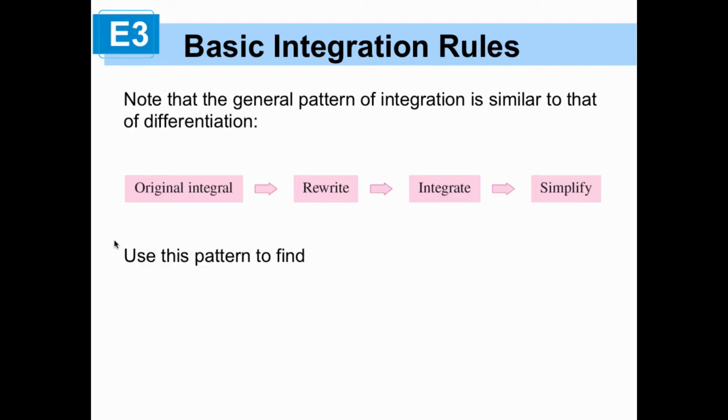All right, so here's another example. Take the original integral, rewrite it. You might want to clean it up a little bit, and you'll see how that applies here. Then integrate it. Integrate is the same thing as finding the antiderivative. It's that process that you go through, and then simplify it. Okay, find the antiderivative of that bad boy.